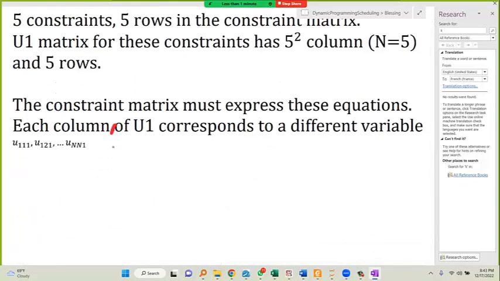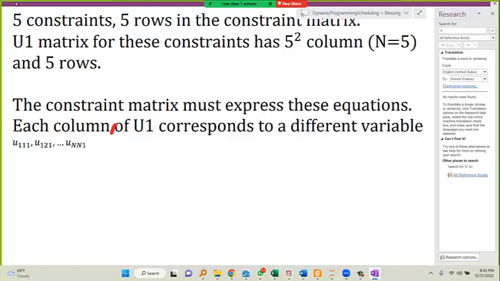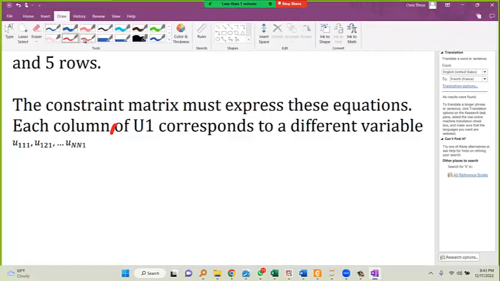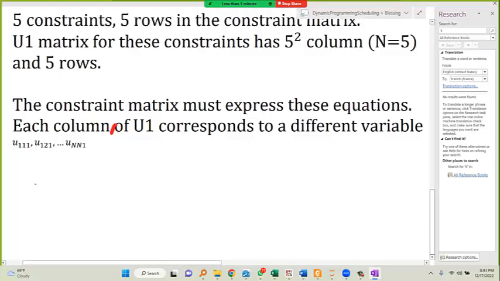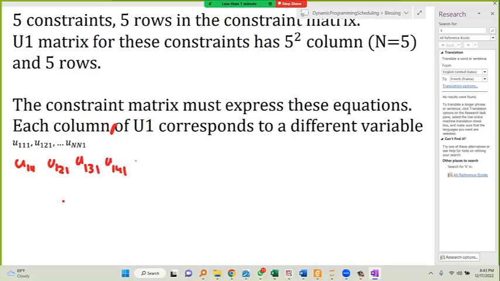The first column will be U111, the second one is U121, the third is U131, U141, U151, and the last one.